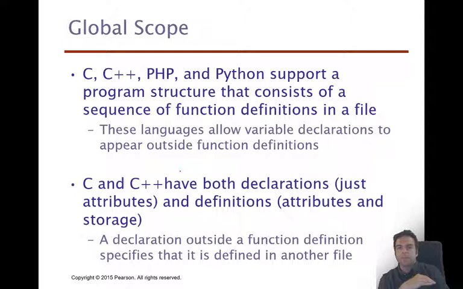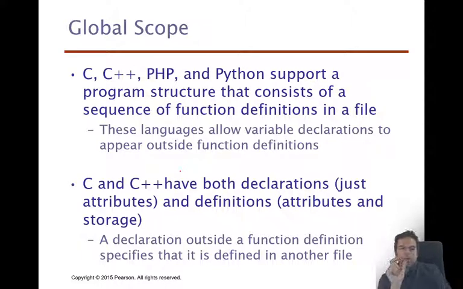So they don't just live within that module, they live across the entire program unless you declare them static, which in this case means module scoped. They reused the word static to mean something completely different at the top of the program. So that's just a weird thing about C and C++. So those ones let you have those global variables that are outside of any function or any class.